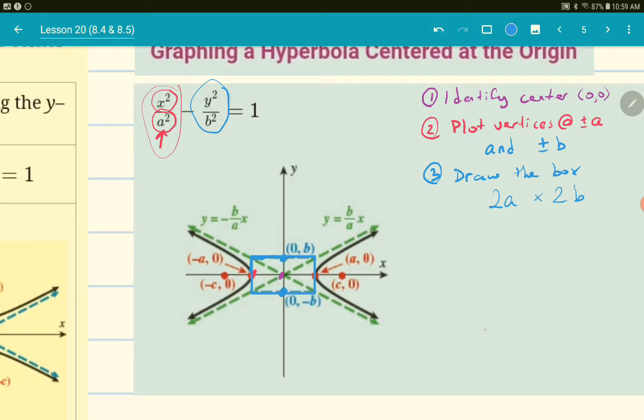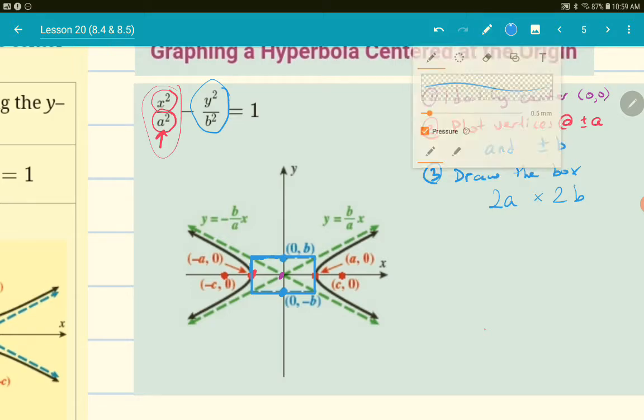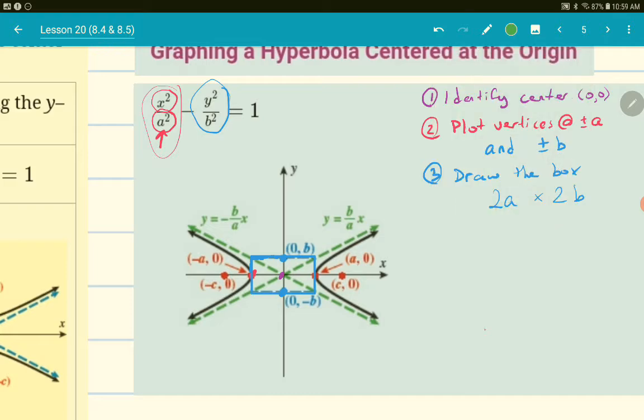The next task is to draw in your asymptotes. So you're going to add asymptotes from corner to corner of the box. So that gives us this line and this line.